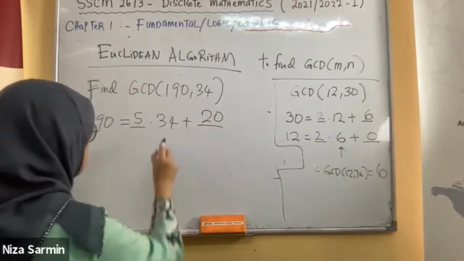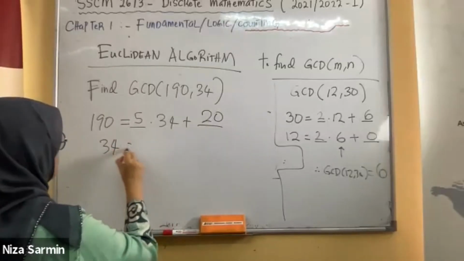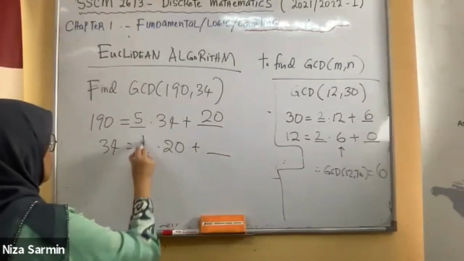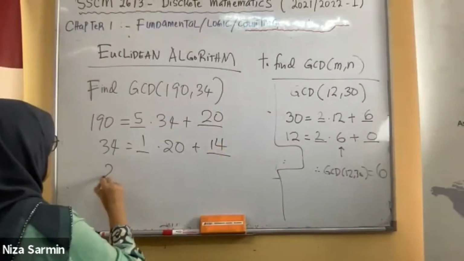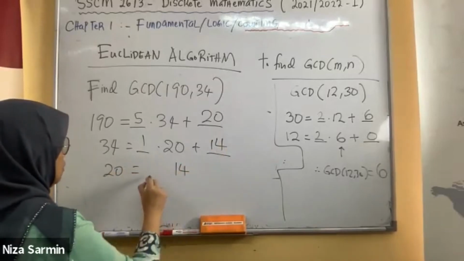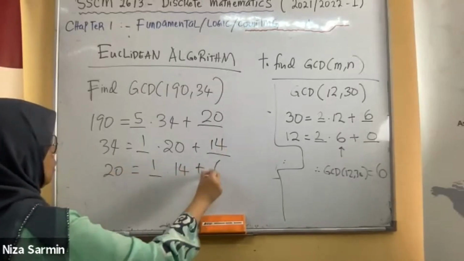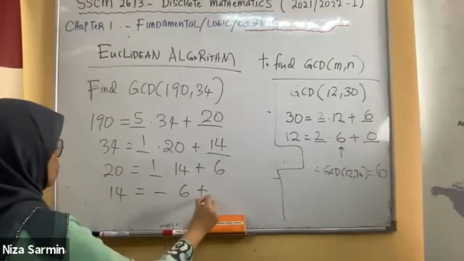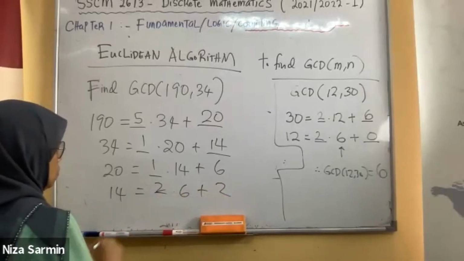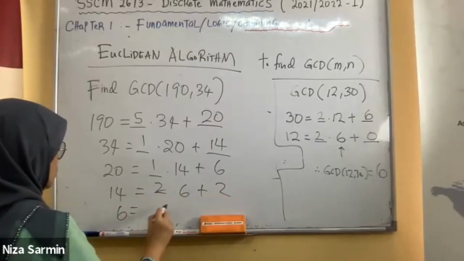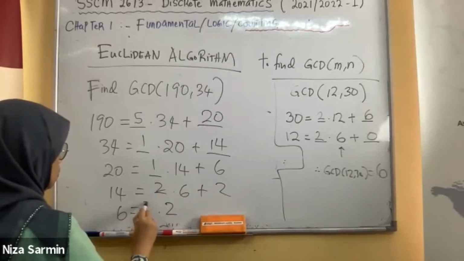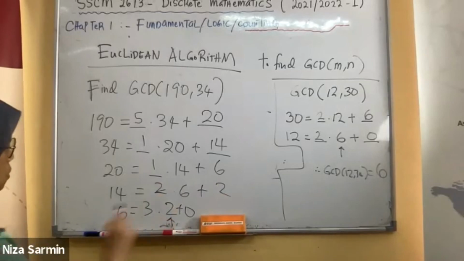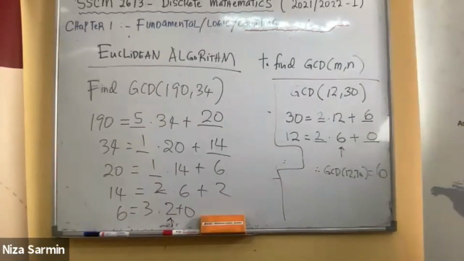Then take this 34, take this 20. So this is 1 and 14. Then take 20 and 14, get 1 and 6. Then take 14 and 6, and get 2 and 2. Until you get 3 plus 0. And so the GCD is 2.